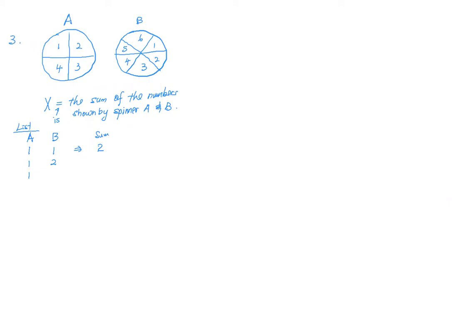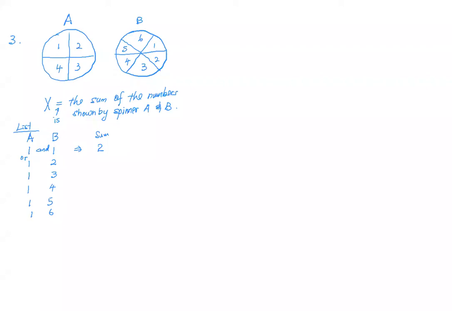Spinner A shows 1, spinner B can show 3. All these are outcomes. So I can have a lot of numbers here.